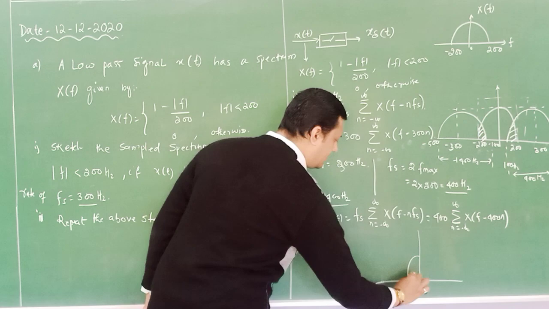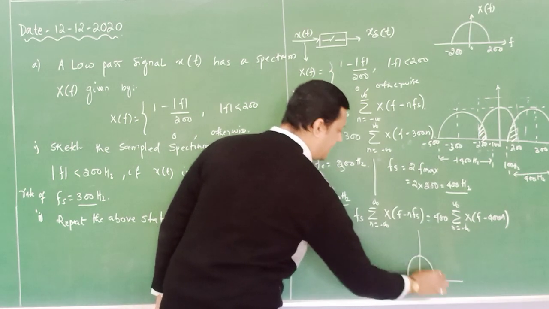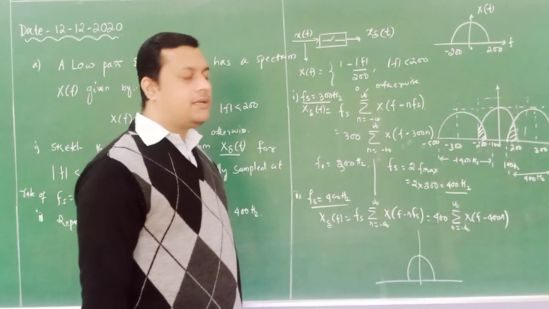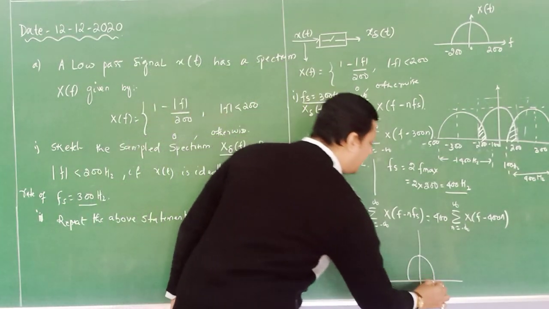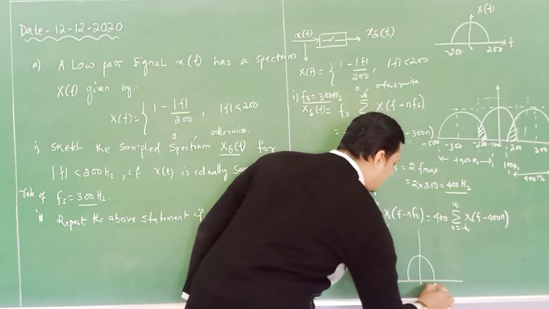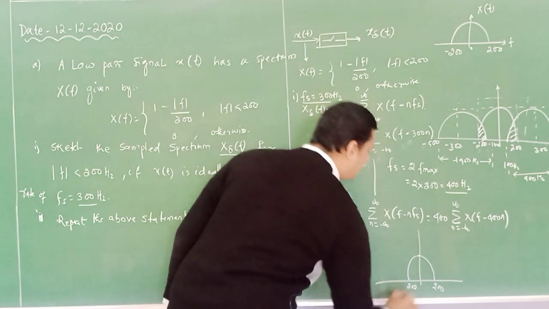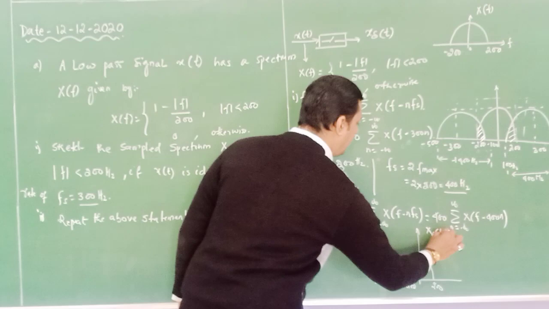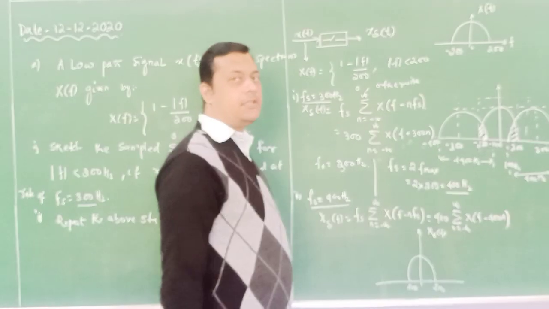If n is equal to 0, that means this is the spectrum. Okay. Now if this is the spectrum, what is the band limit of this signal? The band limit of this signal is 200 Hz. This is X delta of f. Done.